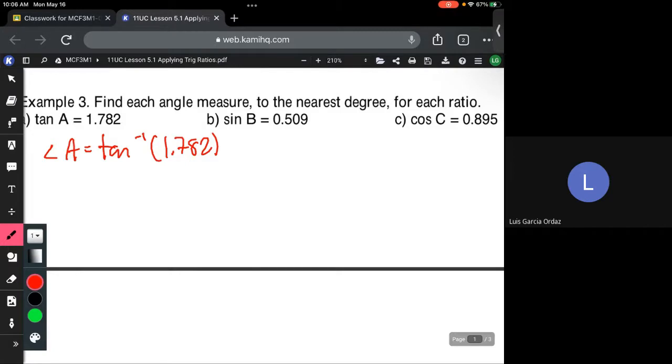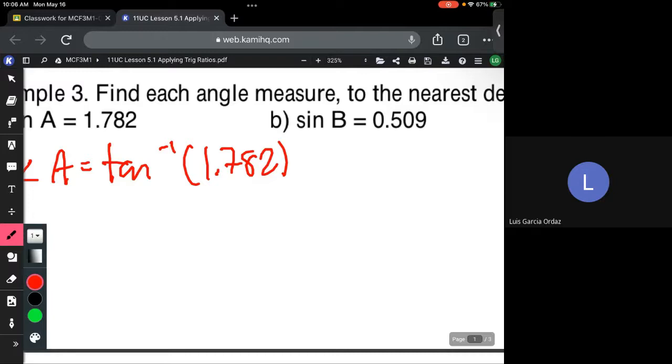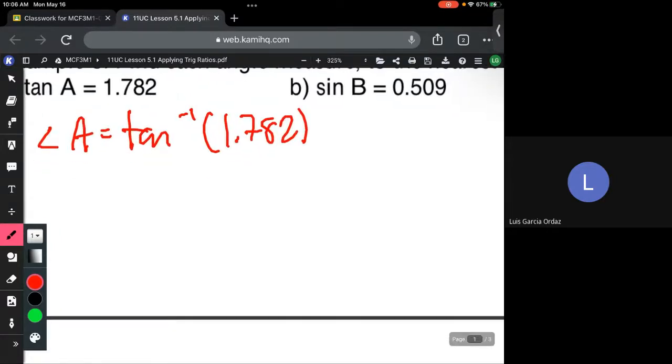Whenever you're finding the angle, you write angle A is equal to tan inverse of the decimal, because when you find the second function, it says tan -1. And then you write angle A is equal to 61 degrees.